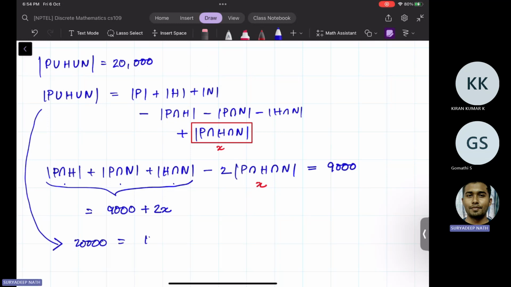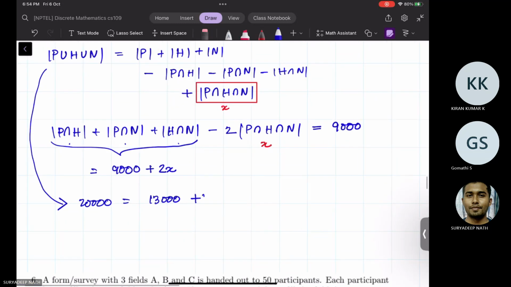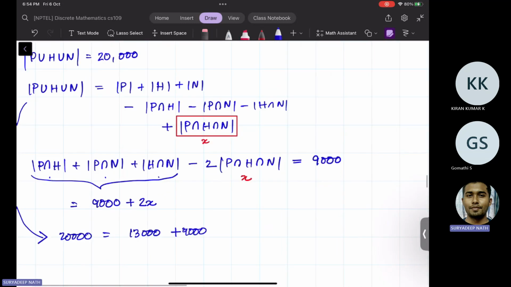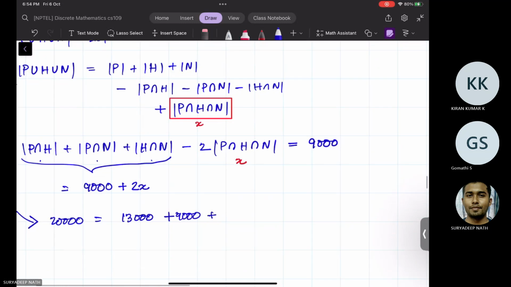On the right hand side P is 13,000, Hulu is 9,000, Netflix is 10,000. And we subtract this 9,000 plus 2x and we add an x to it.